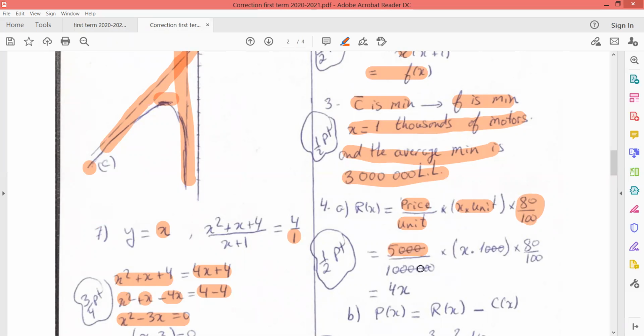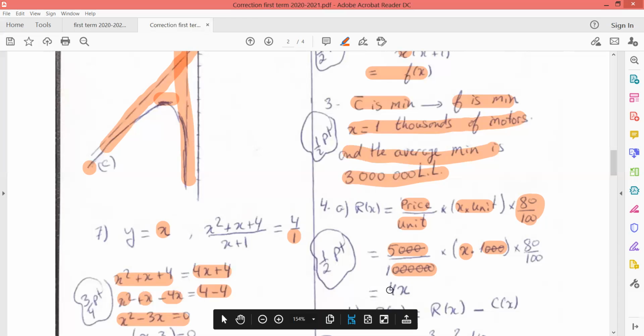Unit for the price is the millions. x is the quantity. Unit is in thousands. 80 over 100. 6 zeros: 1, 2, 3, 4, 5, 6. They go with the 6 zeros here, and here 0 with 0 also goes. 5 times 0.8, or 5 times 8 over 10, we get 4x. The revenue is 4x.